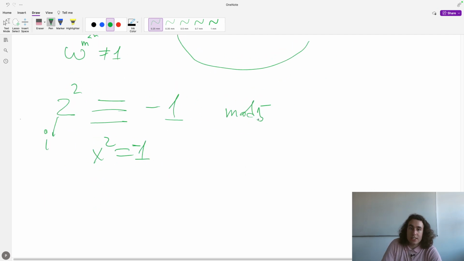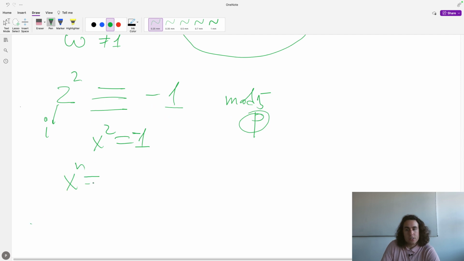And actually it turns out that if you have a prime number p, then equations of the form x to the n is equal to 1 mod p are solvable sometimes, at least, for specific n, yes.